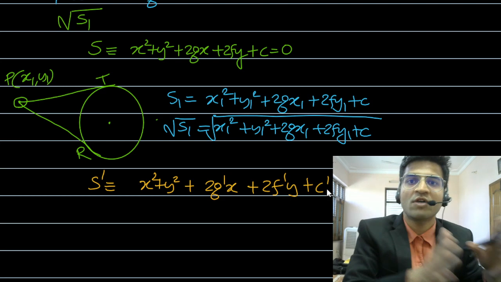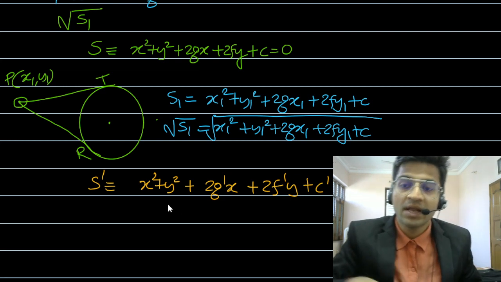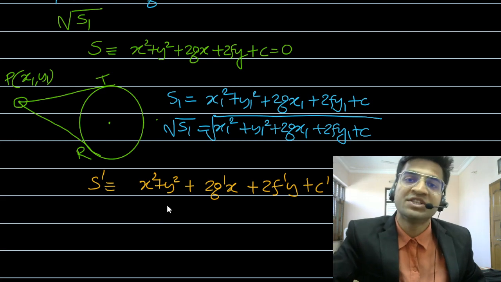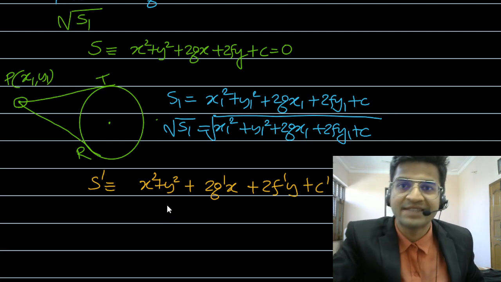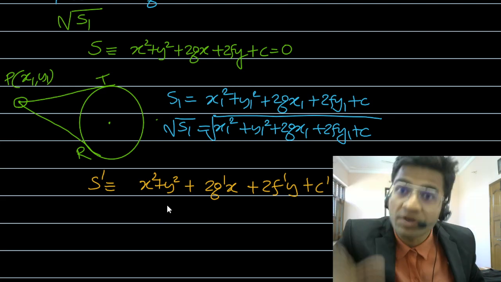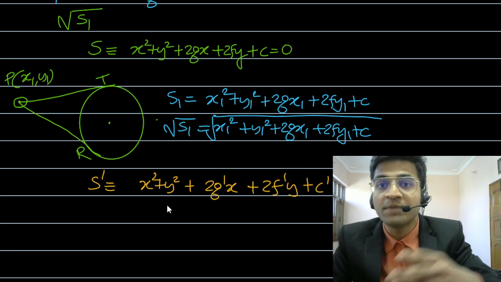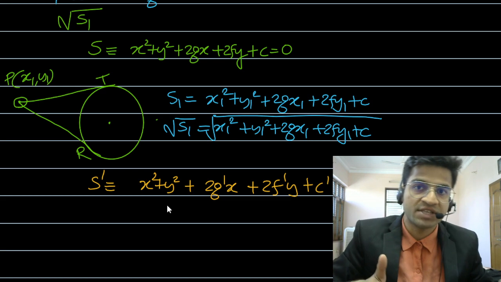Now if we draw a tangent from that point P to this circle S dash, root S dash 1 will be the length of the tangent drawn from point P to circle S dash.